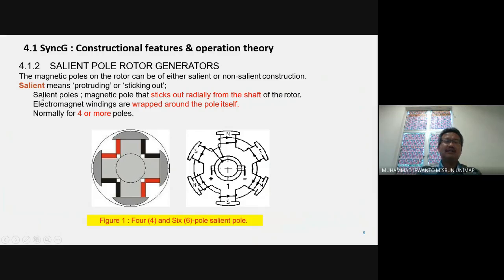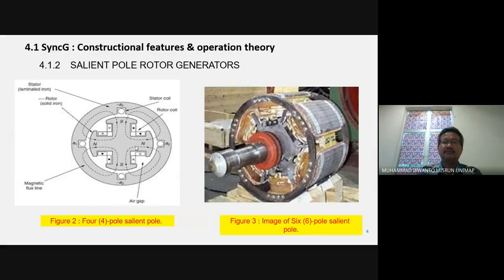Salient poles are magnetic poles that stick out radially from the shaft of the rotor. Electromagnetic windings are wrapped around the pole itself. Normally the salient pole generator has four or more poles.